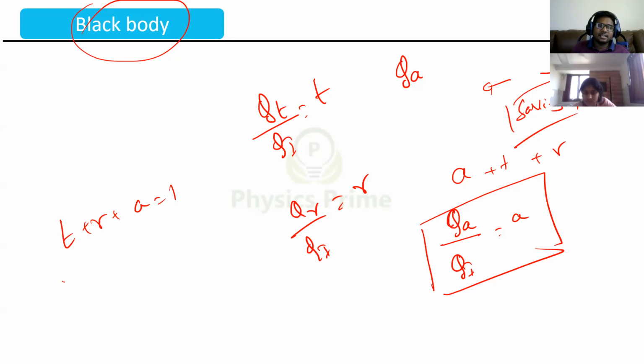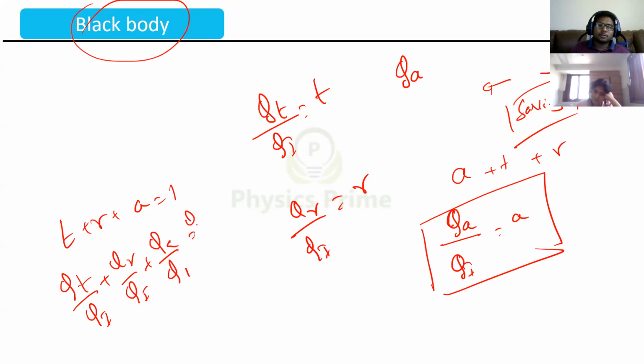Why? Check it here. QT by QI plus QR by QI plus QA by QI. You check here, this will become (QT plus QR plus QA) by QI. You know that QT plus QR plus QA is QI, right? QI by QI is 1. That means 1. Do you get my point? I'll just write this all.